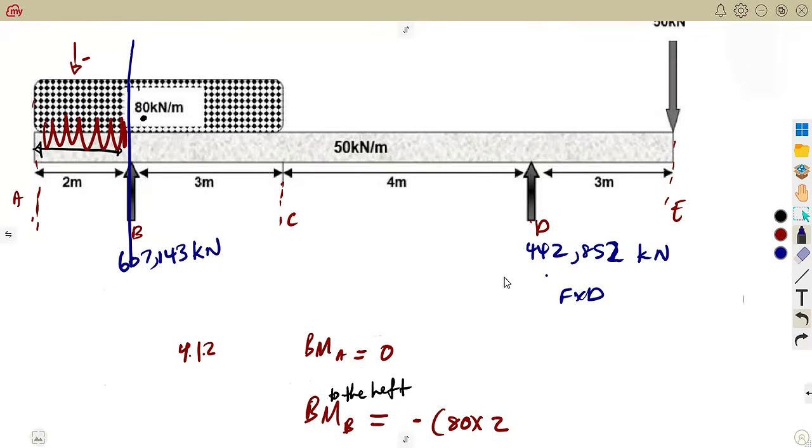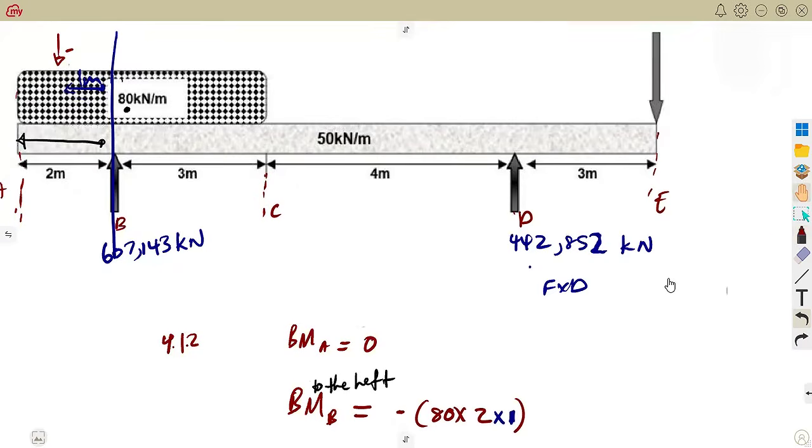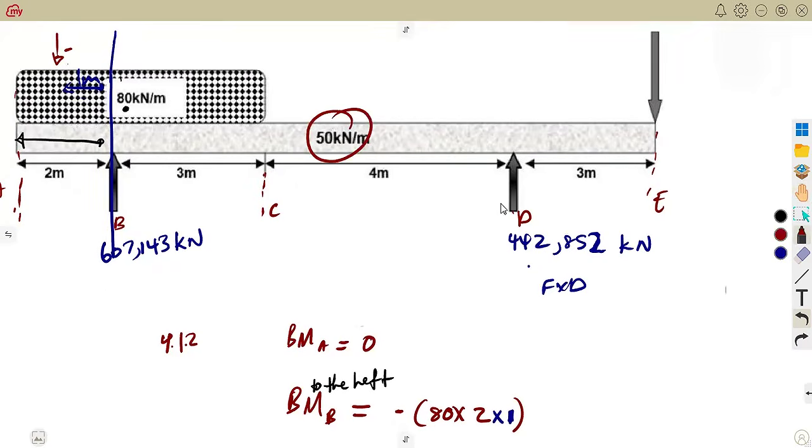All right. Then the distance back to B, because we have to consider the distance back to B. So it will cover 1 meter back to B. So this 1 meter is the distance back to B. All right. So it's a negative. Also, there is a 50 kilonewton there on the left side of B here. So you do the same thing, guys. It will carry a negative. So it will be negative 50 times 2 times the distance back to B to cover 1 meter there.